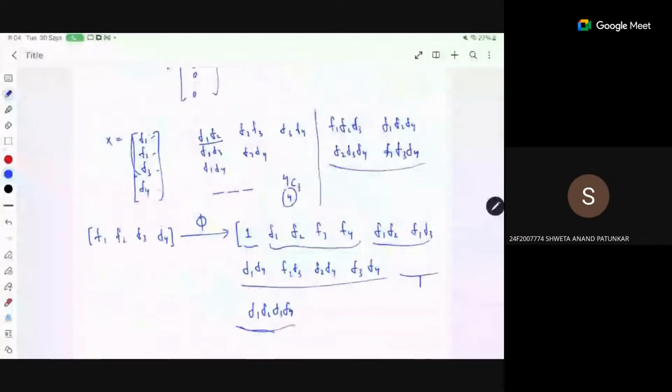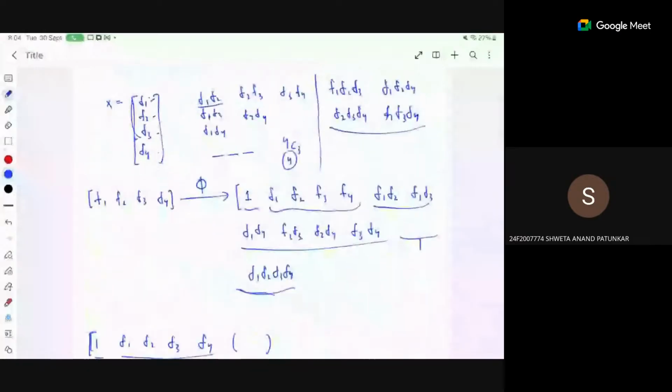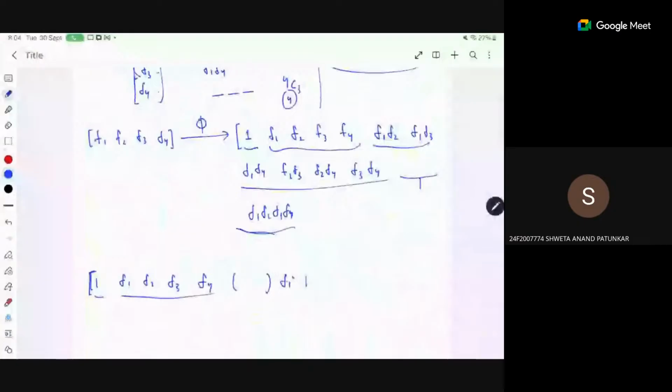So there should be F1 square, F2 square, F3 square, F4 square, right? They should also be there along with these, which captures the quadratic relationship. So we should have 6 plus 4 of those. This is 4, this is 1.